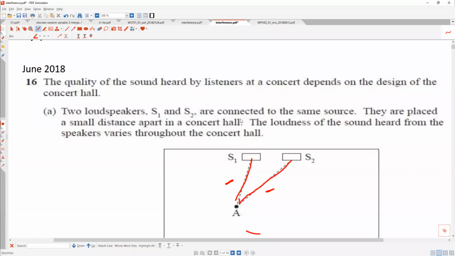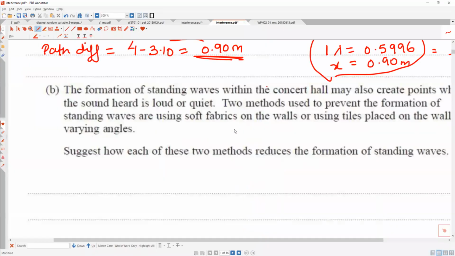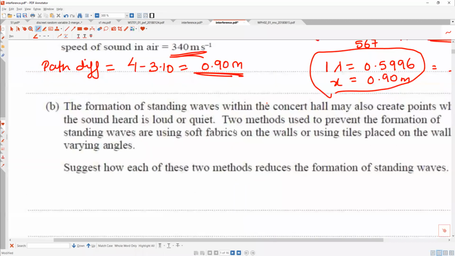So we discussed this answer, the B part. If you're using fabrics, they absorb the energy. If sound gets reflected too much here and there, there is going to be a lot of echo. You don't want that echo, because then the whole performance in the theater is no use if you cannot hear properly what they are speaking.